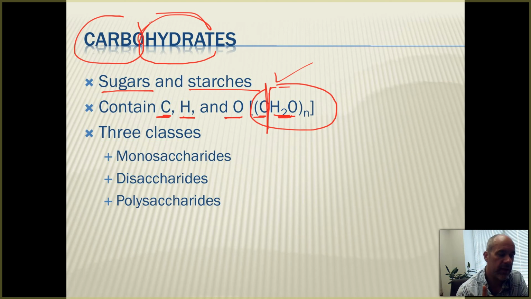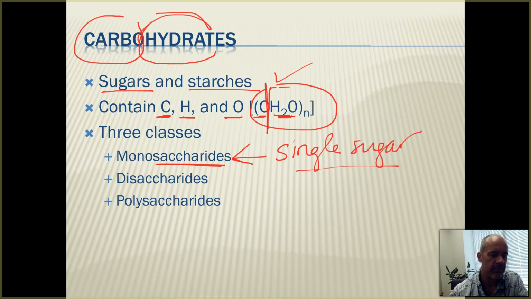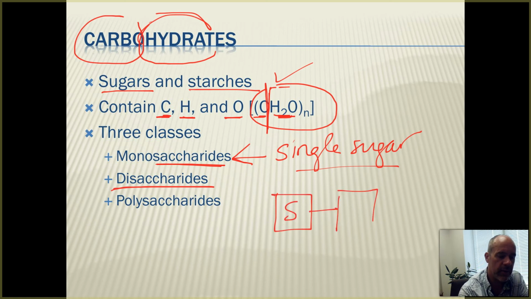All right, there are 3 classes of carbohydrates. Monosaccharides, mono means one, and saccharide is another term for sugar. So that literally means single sugar, kind of like it sounds. All right, and then a disaccharide is where you have a sugar and a sugar bonded together.